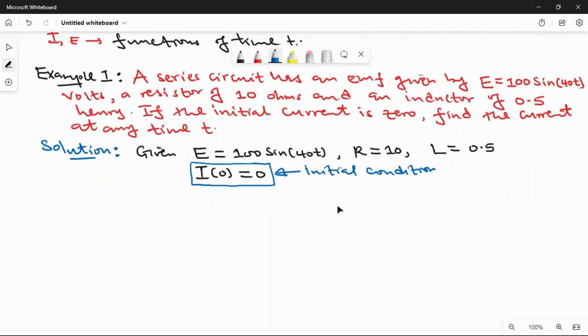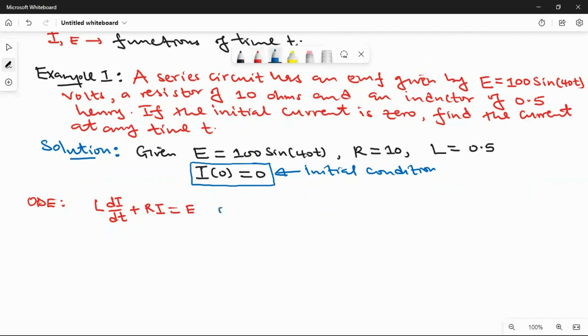Now the governing equation, or the ODE governing the flow of current in the RL circuit, is given by L times di dt plus Ri equals the EMF.